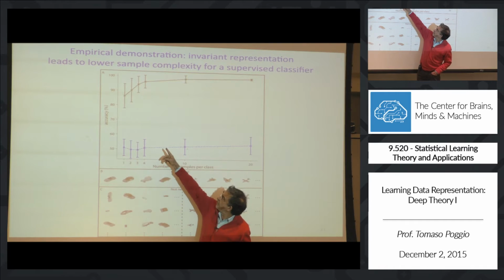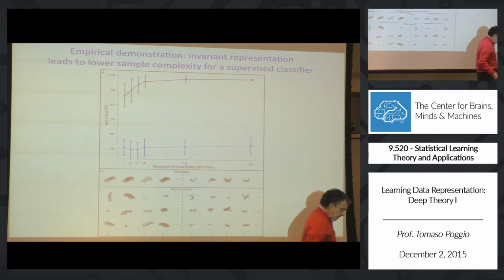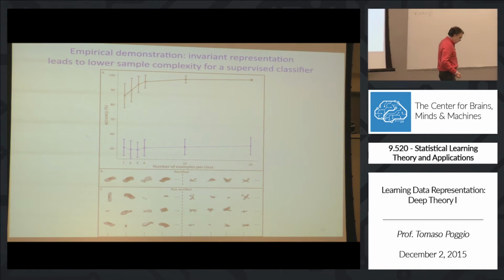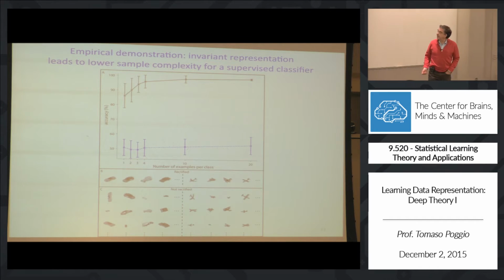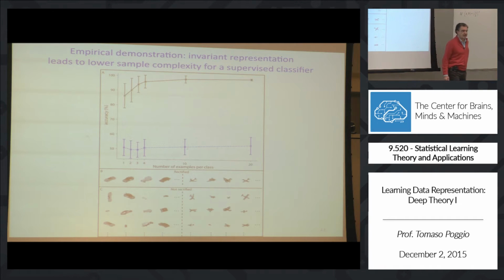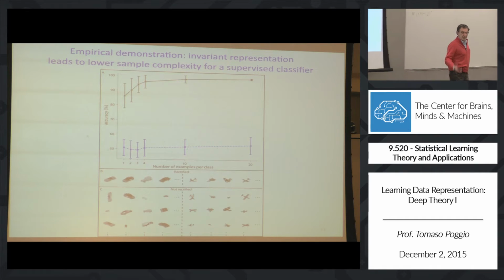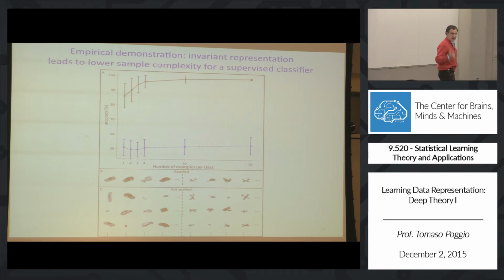And now I get, from just one example of a plane and one example of a car, better than 80% accuracy, right? So this is just to make the point that if I can get rid of these nuisance variables, so translation, scale, rotation, then the problem of learning becomes much easier for object recognition.